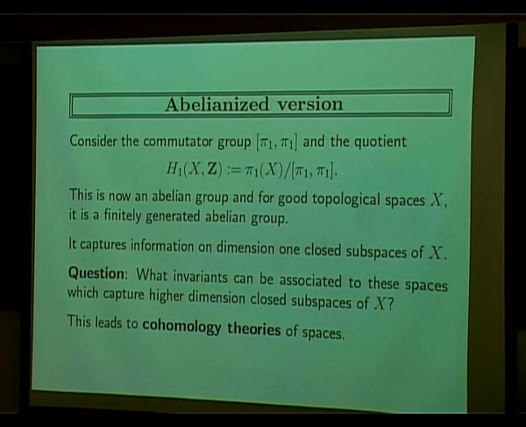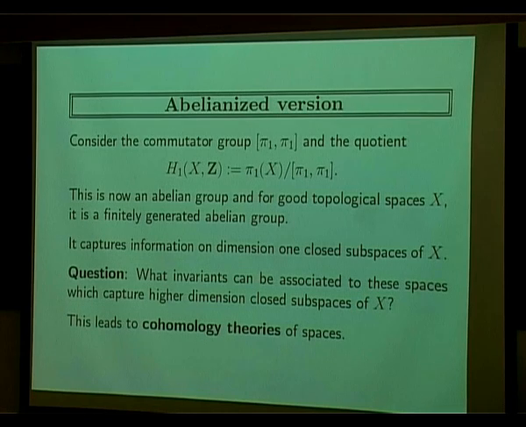And this does happen for good topological spaces. At least for compact manifolds, these groups H1, which is the quotient of your fundamental group, happen to be finitely generated abelian groups. So at least theoretically, we have an object which by certain theorems that we know is finitely generated.